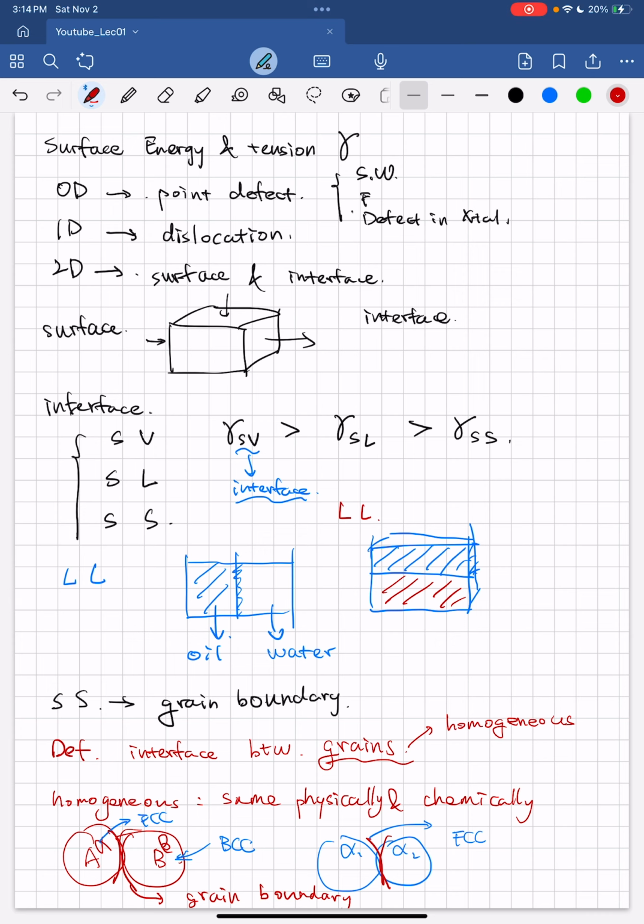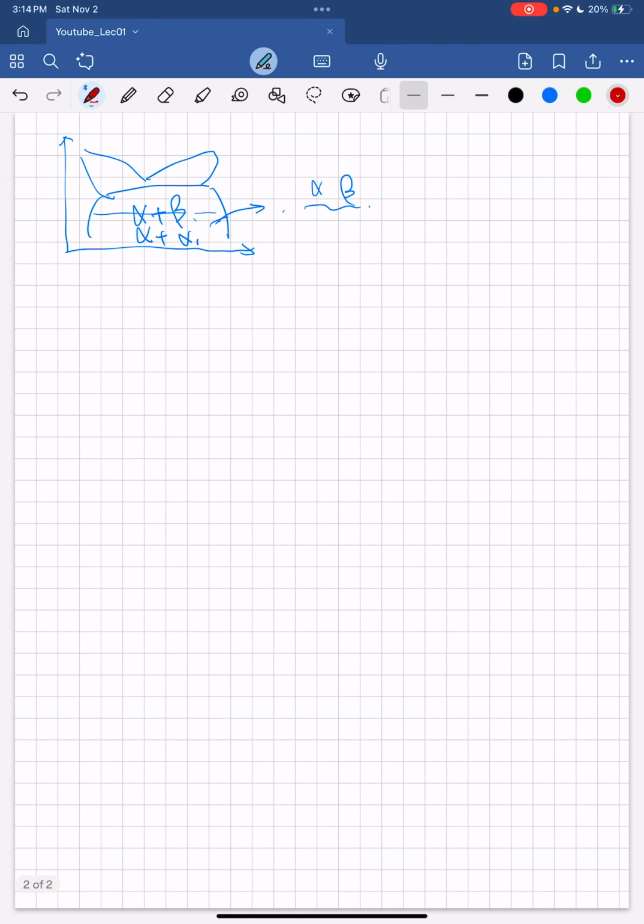And today we will talk about surface energy and tension, right? And we will first derive what these are. So let's say there is this kind of rod here.